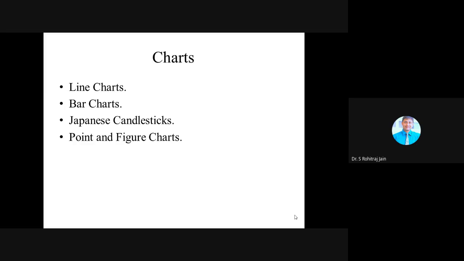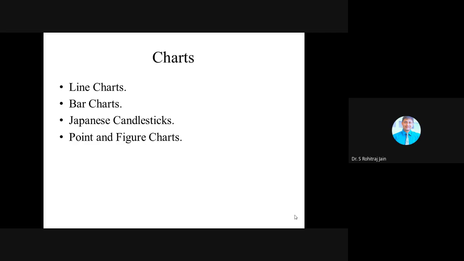Next, we'll try to understand the charts. This is a very important part in the analysis, that is technical analysis. Now, these charts provide the visual assistance in detecting the emerging and the changing patterns of price behavior. Charts represent a key activity in technical analysis because graphical representation is the very basis of technical analysis.